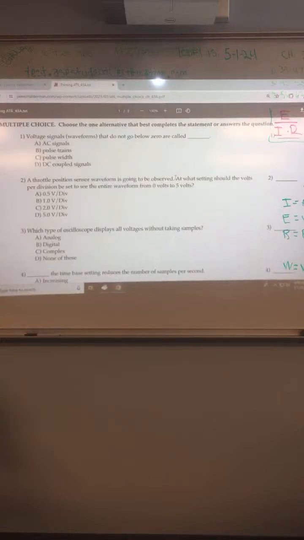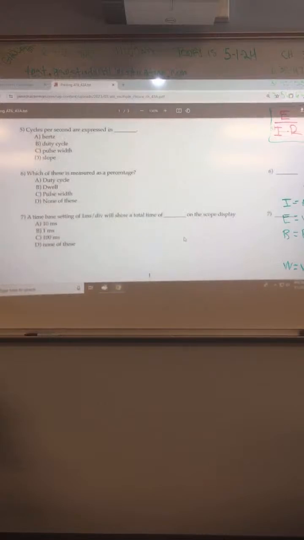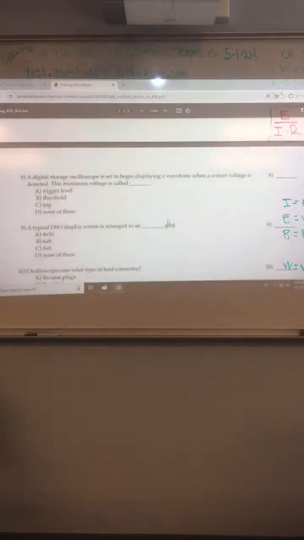Is that number one? I'm stuck between four, AC signal or pulse trains. It's on 498. Yeah, that's what I was looking at. It says pulse trains differ from AC signal in that they do not go below zero. I'm not sure if that's talking about the AC or the pulse train.